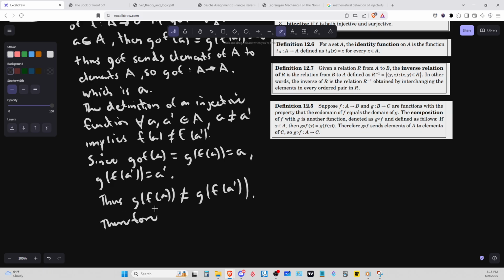It feels more finalized. Therefore, f is injective by definition. I probably didn't have to write that last part, but I just felt like, why not? Just leave it that way. Okay.